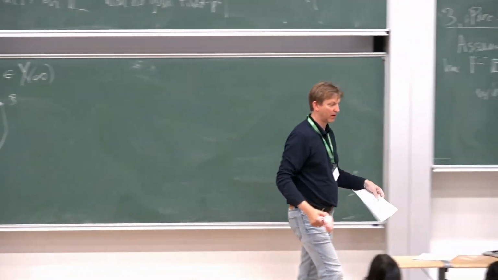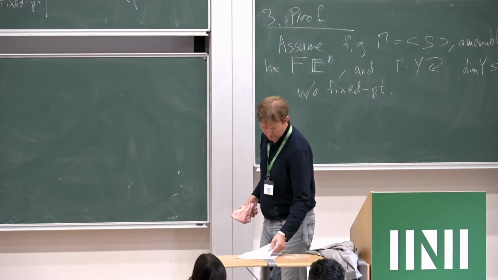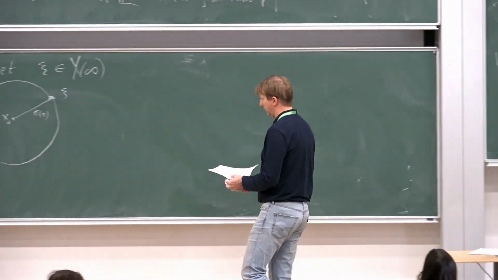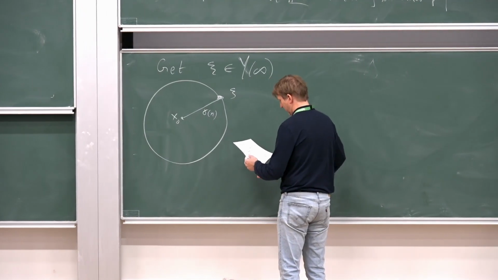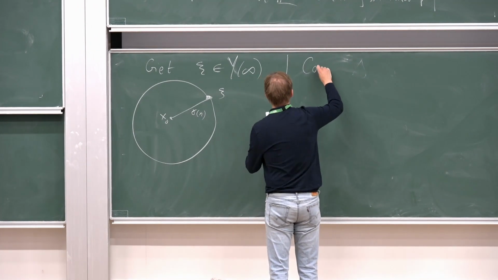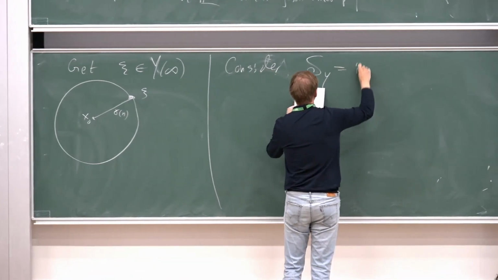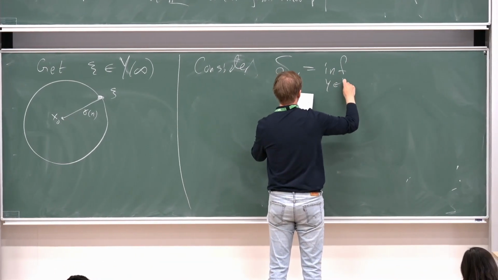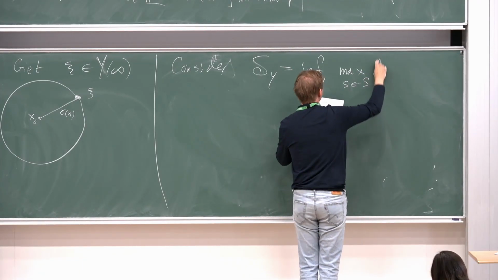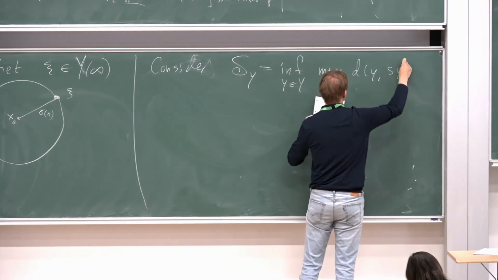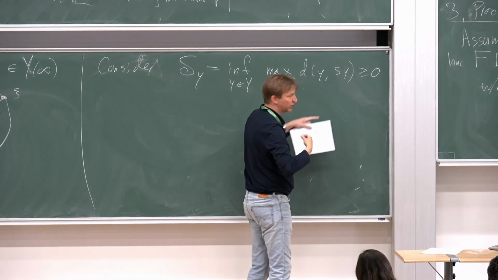Okay, we should do one thing before this, but the picture will be correct, just for a different space. So we'll consider the displacement minimized over all of y. We take the maximum over this finite generating set, and you see how it's translated. How does it move y? And then you try to minimize this.